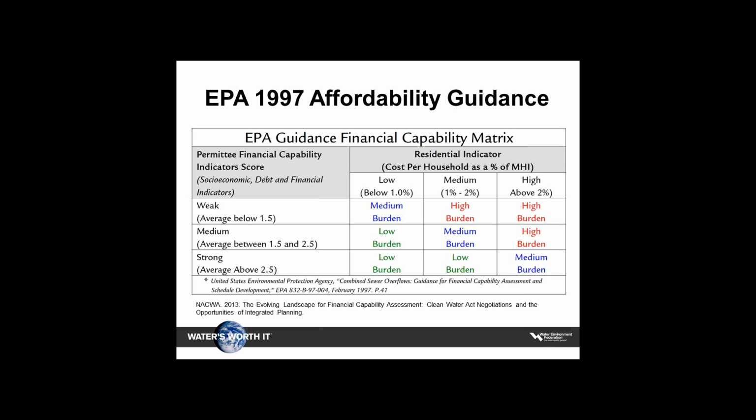Then, depending on where you score when they go through this workbook exercise, you could be in a low, medium, or high burden community. EPA in this document acknowledges that these are just general boundaries, but they were the only boundaries that EPA staff were given, and so they of course treated those boundaries as bright lines and wrote much of this into stone.